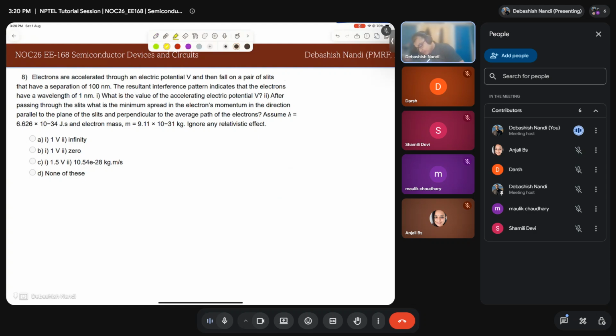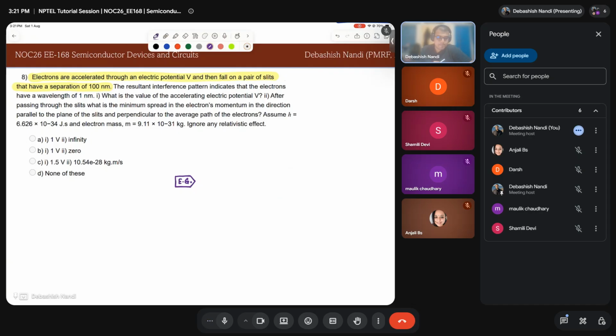Let us try to construct the apparatus they might be using. So this is similar to your Young's double slit experiment, right? Let's say I have an electron gun which is shooting electrons.